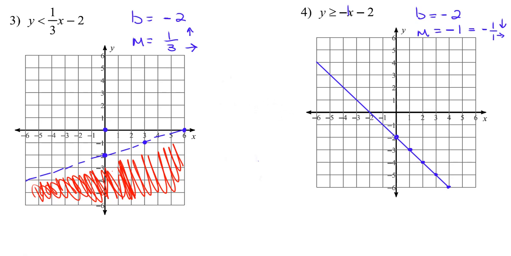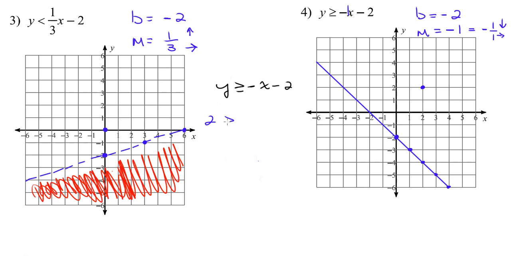All right. So what if we use a point that's not 0, 0? Let's do something crazy and see what happens. Let's use 2, 2, just to do something different, right? So y is greater than or equal to negative x minus 2, and we're going to use the point 2, 2.